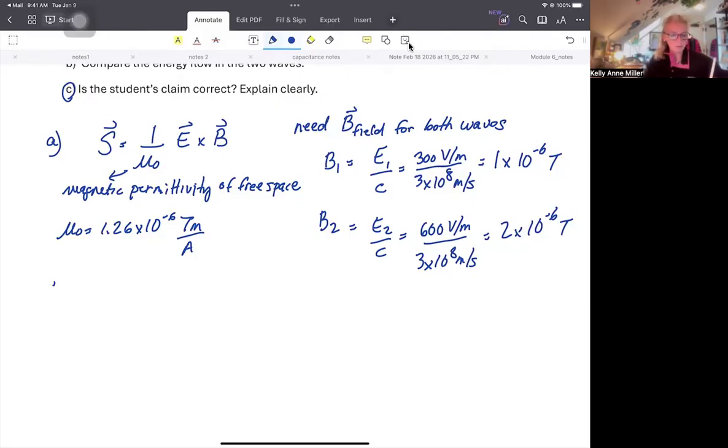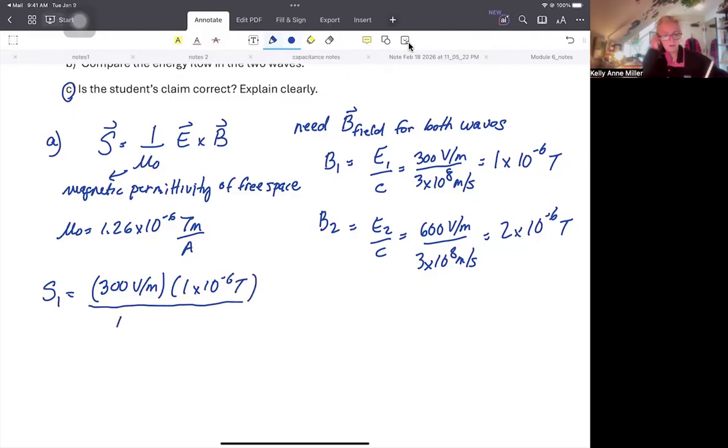Okay, so we're going to calculate the Poynting vector of wave 1. That's just going to be 300 volts per meter, which is the electric field, times 1 times 10 to the power of -6 Tesla, which is the magnetic field, divided by that constant, 1.26 times 10 to the -6 Tesla meters per amp.